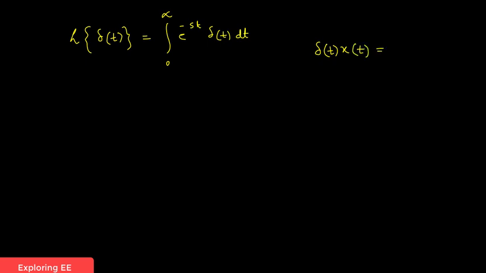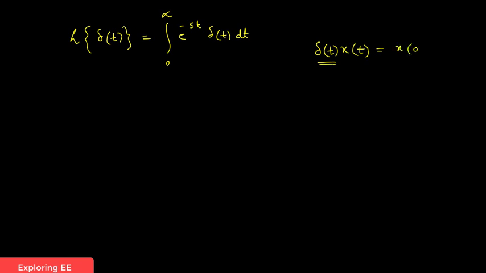So L of delta t, from the definition, is the integral from 0 to infinity of e to the power minus st multiplied by delta t dt. Now when delta t is multiplied by any function x(t), the multiplication is possible only at t equal to 0, because delta t exists only at t equal to 0.